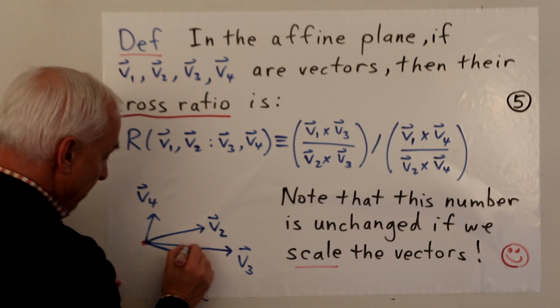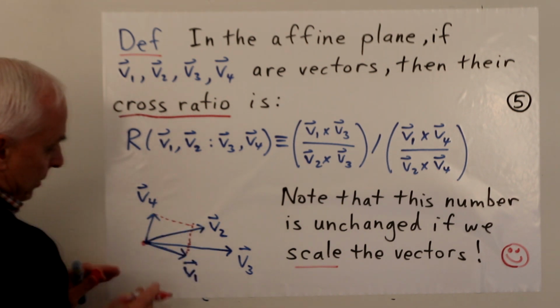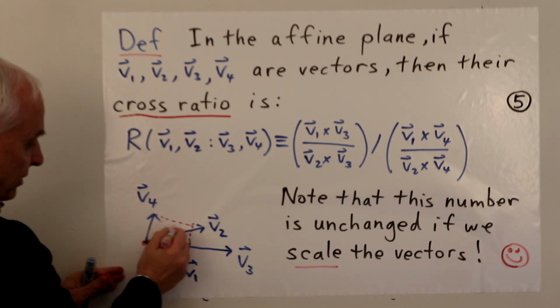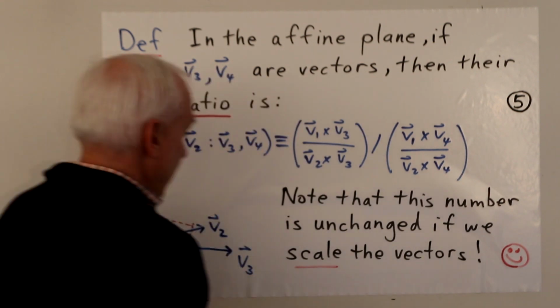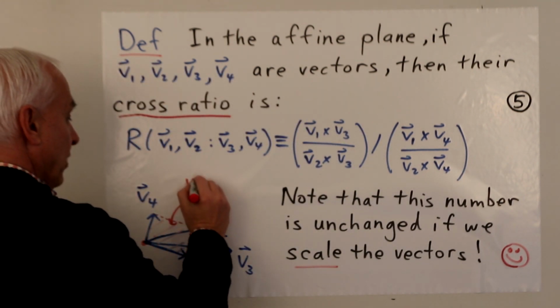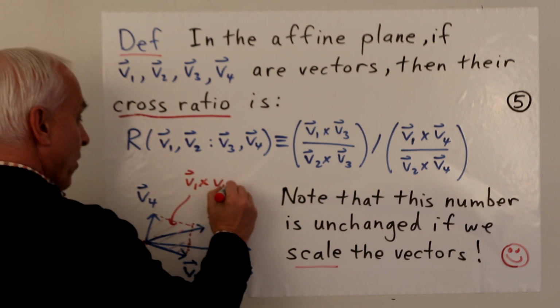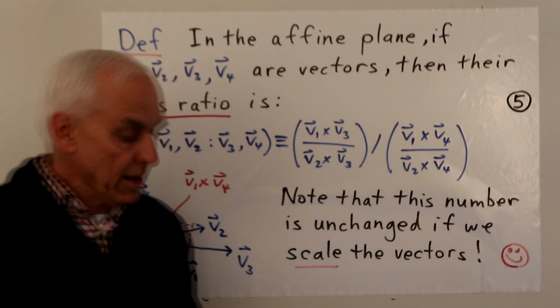If we form a parallelogram by those 2 vectors, then the area of that parallelogram, or actually the signed area of that parallelogram, is V1 cross V4. So that's a geometrical way of saying it.